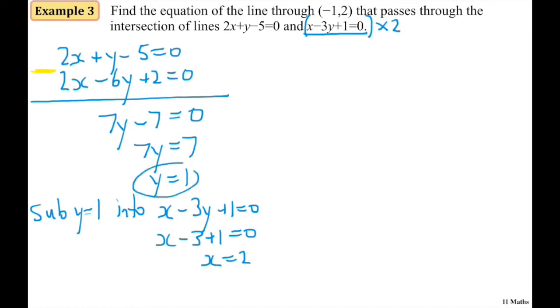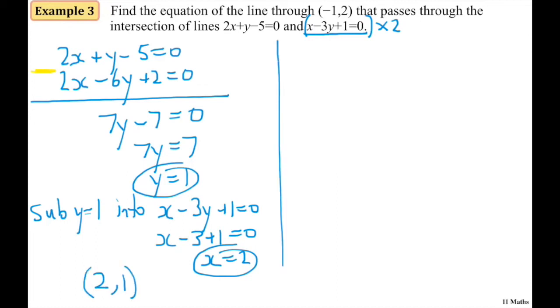So I now know that those two lines meet at the point 2, 1. That hasn't answered the question though, because the question said find the equation of a line through -1, 2 that also passes through 2, 1.